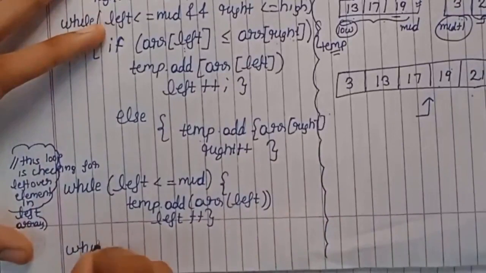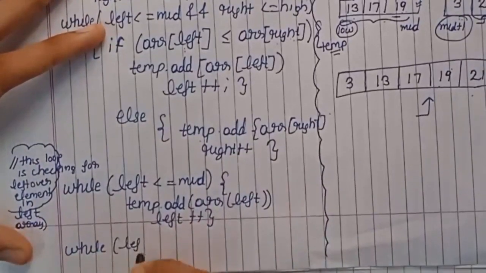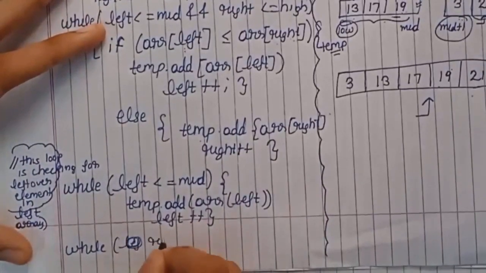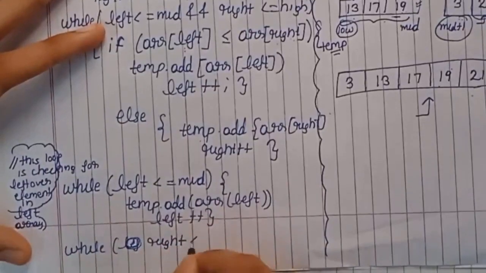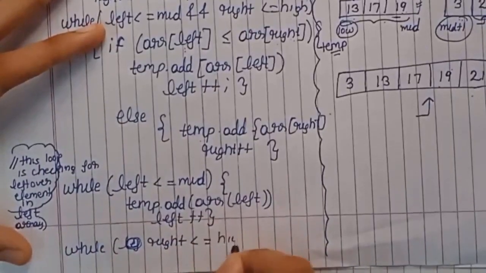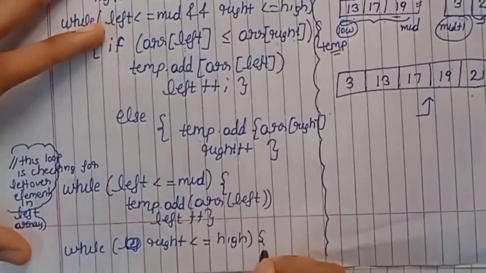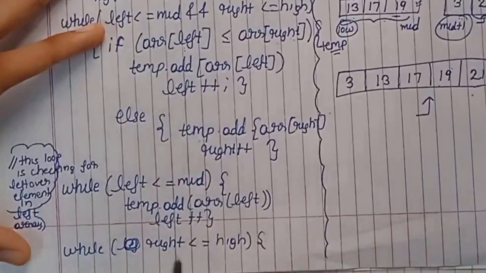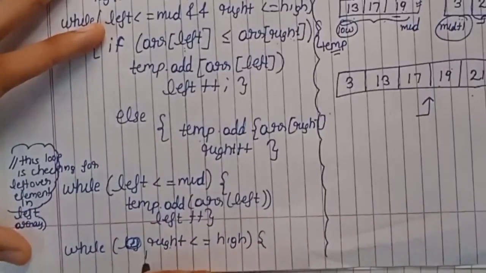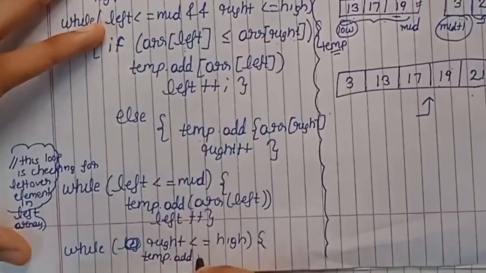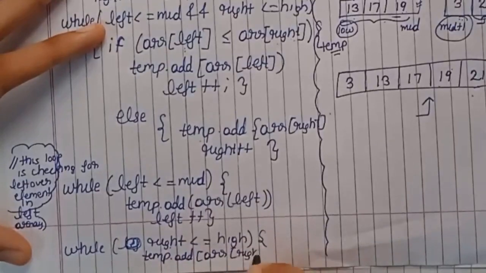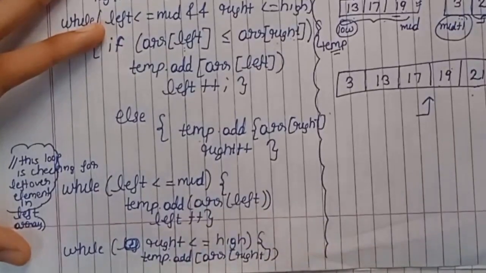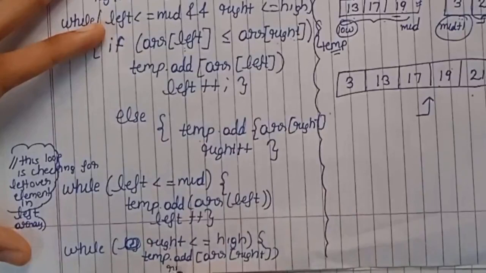Similarly, I will check if there is some element which is left in the right side array. If there is some leftover element in the right array, then what we will do, we will just add that element in our temporary array, and we will just increase the right pointer by 1.